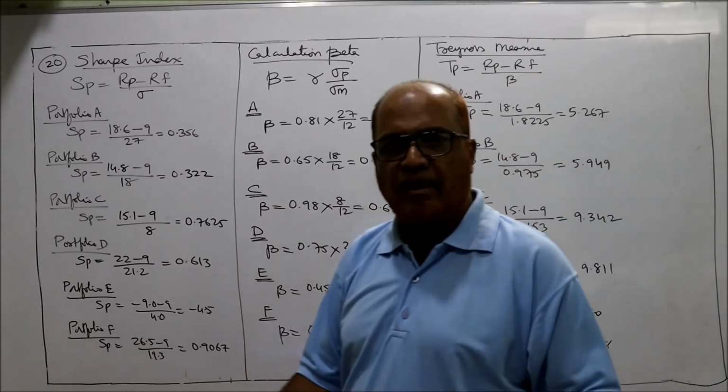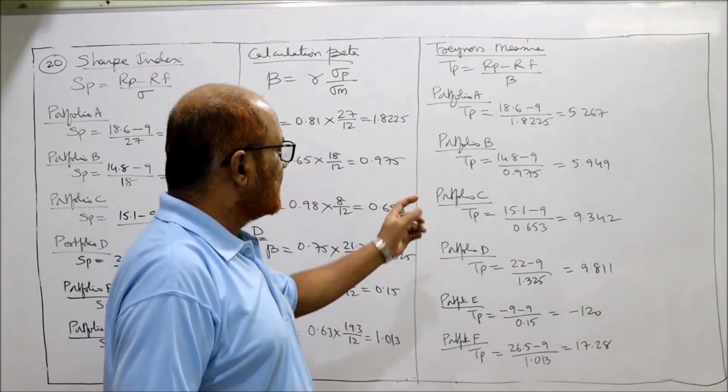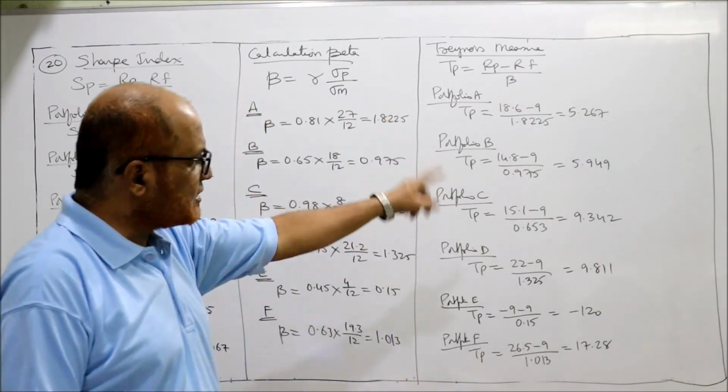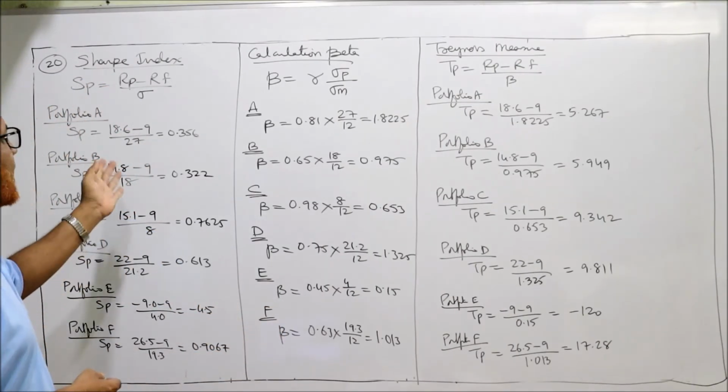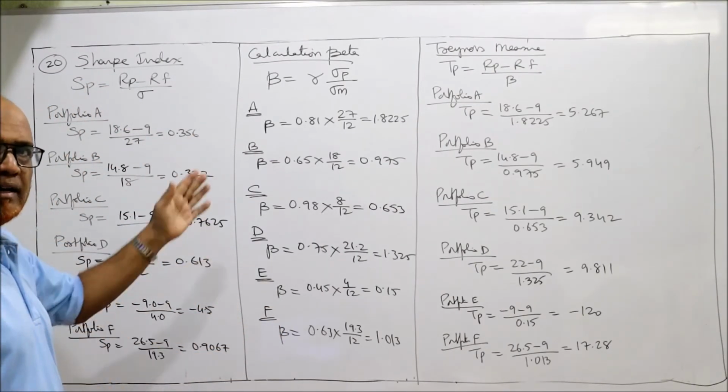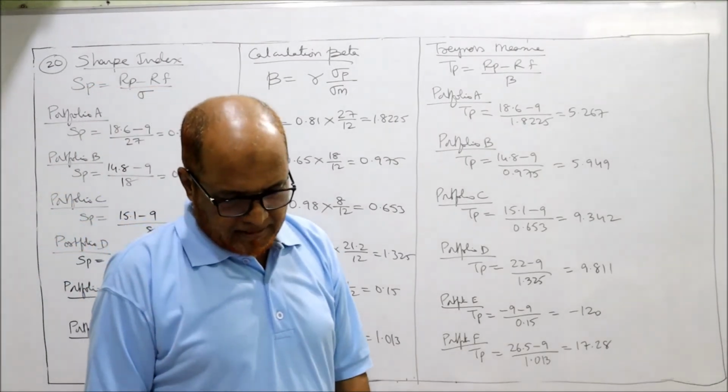All the calculations are right. I had already made the calculations, but I made some mistake. Now it is exactly correct. So these are the calculations of Sharpe's index, Treynor's index and beta.